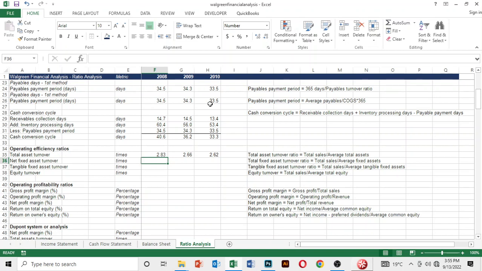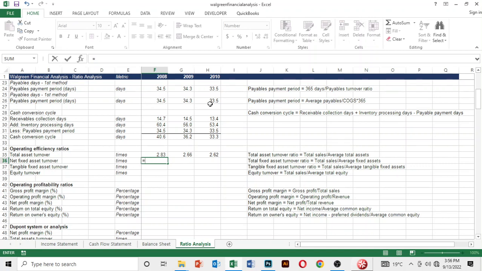Now we have the net fixed asset turnover ratio. When we calculate this, we are only focused on fixed assets, so we will not include current assets. By fixed assets, we mean both tangible and non-tangible fixed assets.